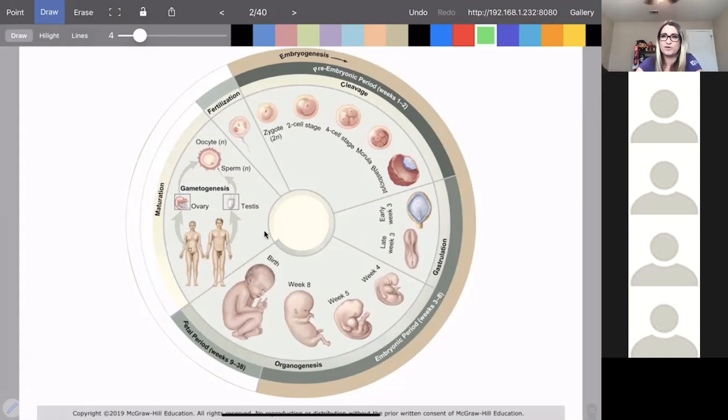Okay. Before the sperm is able to fertilize an egg, it has to go through a process known as capacitation. Capacitation is kind of like a conditioning of the sperm. It basically involves removal of some of the glycoproteins and some other proteins from the surface of the sperm. This is going to uncover the acrosome.